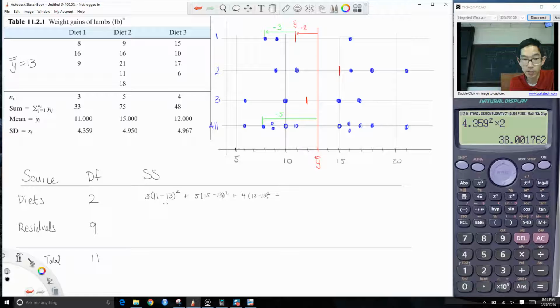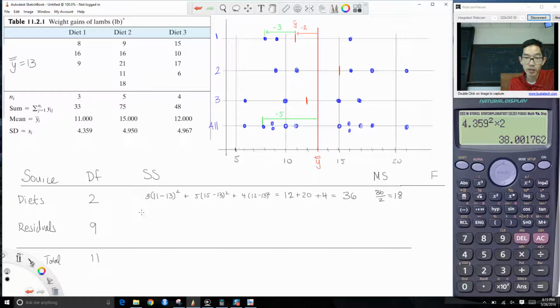So what is that? 3 times 2 squared is 12, plus 15 minus 13 is 2 squared, so 4 times 5 is 20, and 12 minus 13 squared is 1, times 4 is 4. So we have a total of 36. Our mean squares is going to be 36 divided by 2, which is 18.